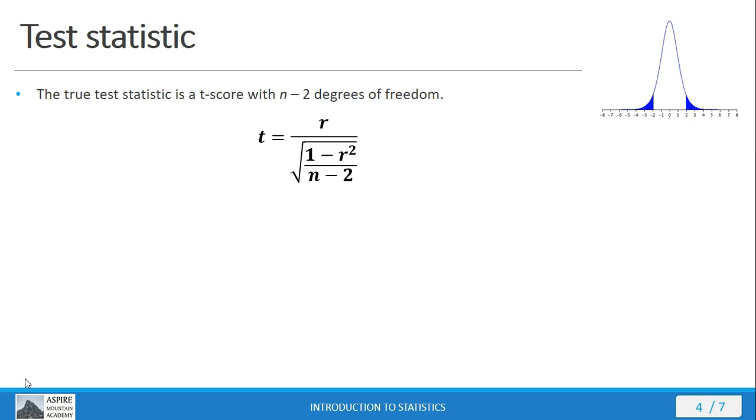So if you're doing this by hand the old school way, here's what you're going to use to calculate your true test statistic. The r value you get from your data goes in here, and of course n is the sample size. You punch that all into your calculator, and out comes your test statistic. You can then use that with your t-distribution calculator in StatCrunch to find your p-value. Remember, typically you've got a two-tailed test.